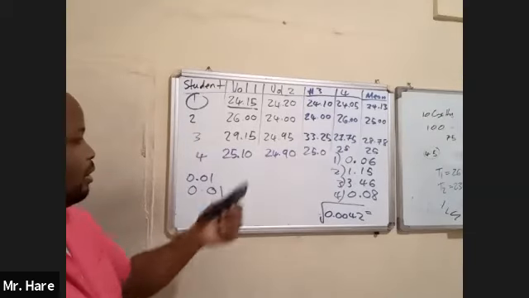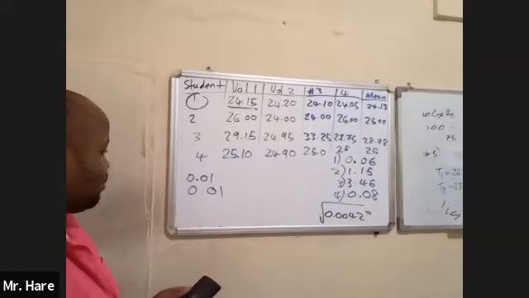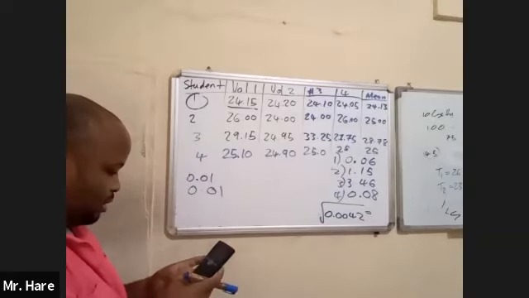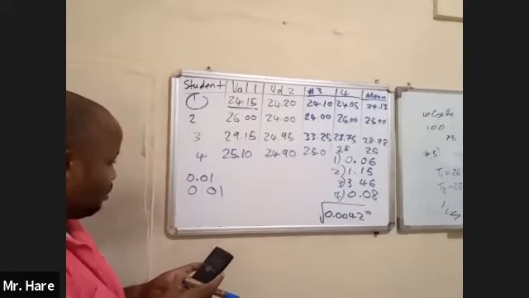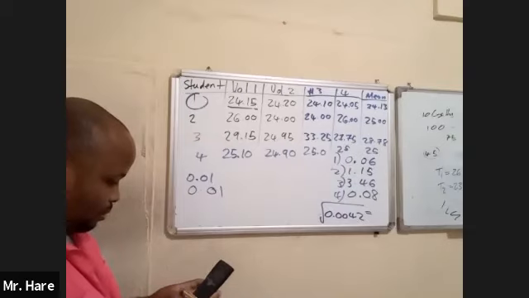And then the rest would be 0. All right, so 0.01 plus 0.01, that's divided by 3.